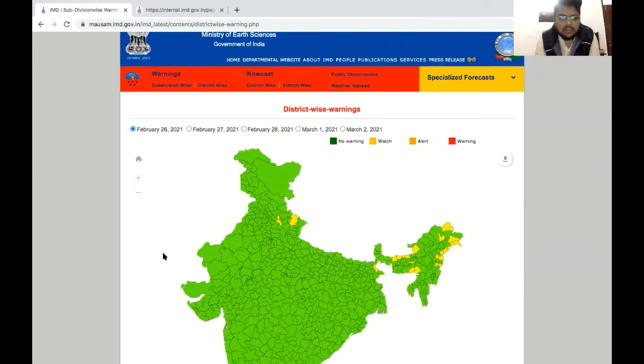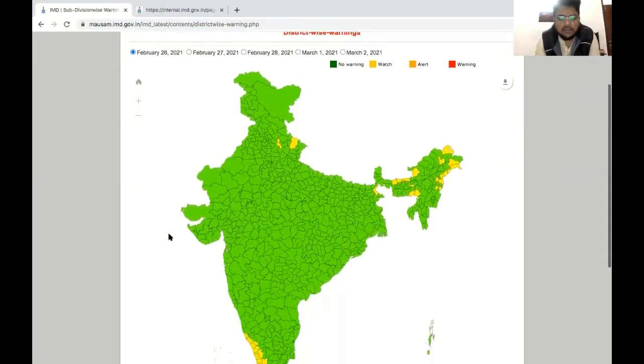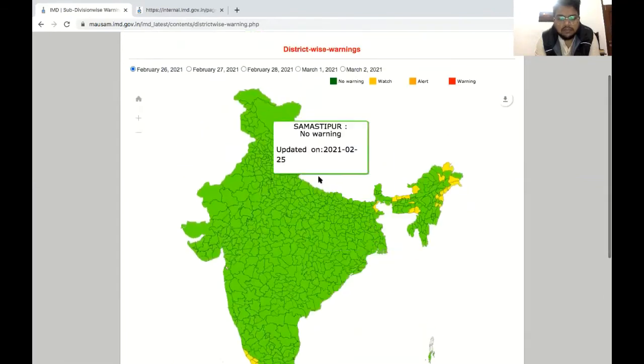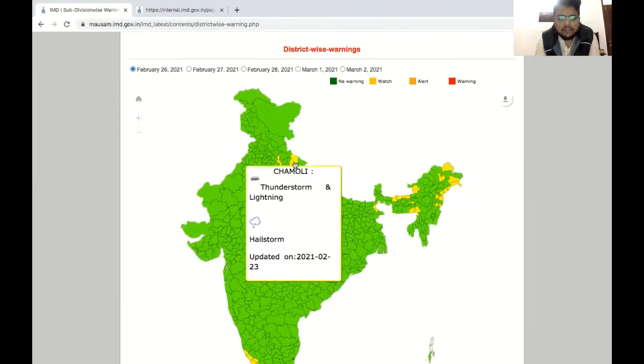And so you can see that for the 26th of February, not a lot of warnings or alerts are there, but there are a few areas in the north, in the northeast, and in the south where there is a watch. For example, Chamoli, the district where the flash flood disaster happened recently, has a thunderstorm and lightning watch.